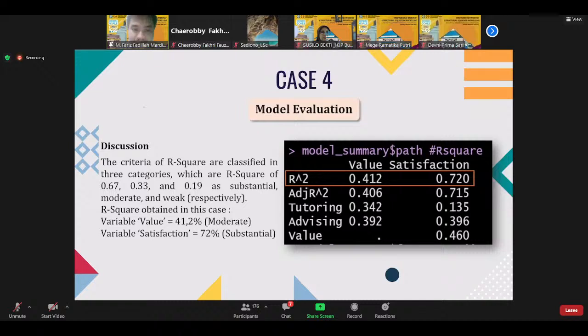It can be categorized as moderate. And then for the variable satisfaction, the determination coefficient value is 0.72. It means that the R square is in substantial condition, 72%.